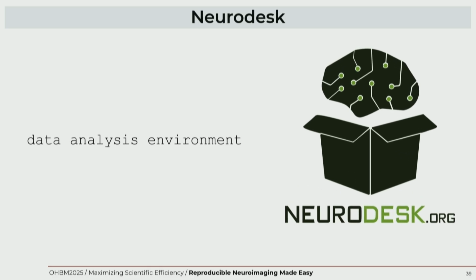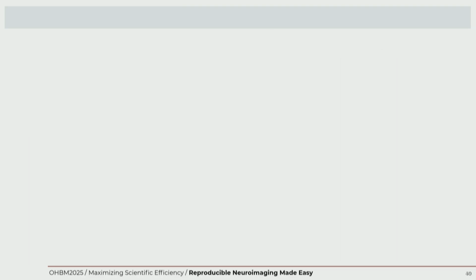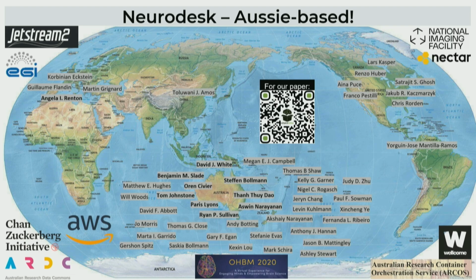So NeuroDesk is an open, reproducible, scalable, and flexible imaging data analysis environment that leverages software containers. NeuroDesk is an Aussie-based initiative led by Stefan Bowman, and he's over there. And at its core, it is a community-driven initiative with the goal of providing the neuroimaging community with a data analysis platform that enables reproducible research.